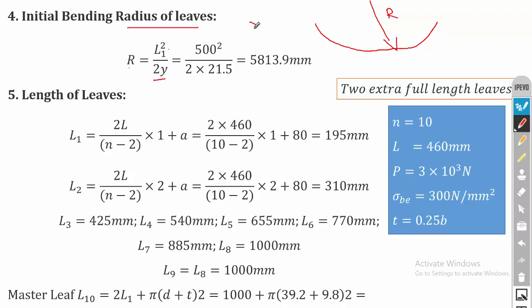In the problem, 2 L1 is given as 1000, so L1 is 500 square, and 2 into y. y is the deflection of the spring, which we have calculated in the second step. So 2 into 21.5, that is equal to 5813.9 mm. The last step is length of leaf.